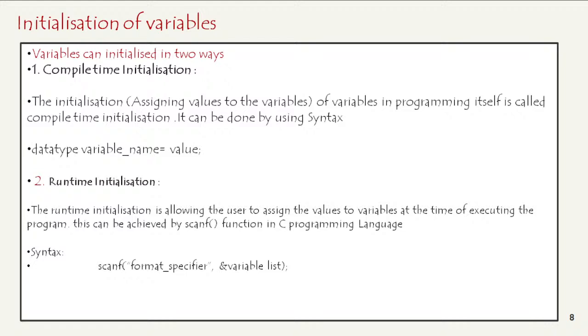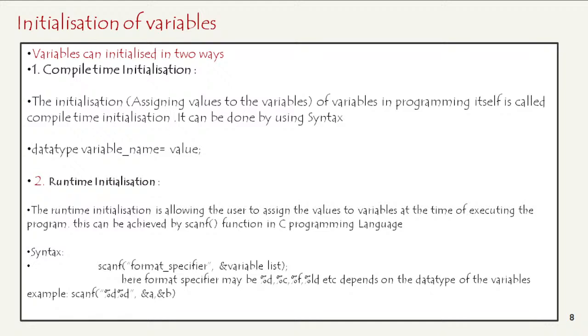For example, if I want to take an integer value from the keyboard, I can use %d as my format specifier. Depending on the number of inputs we are taking from the keyboard, we can give that many format specifiers in the first section. The second section consists of the list of variables along with an ampersand symbol, which specifies the address of the variables.